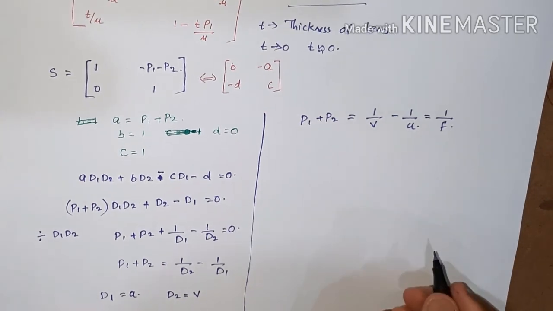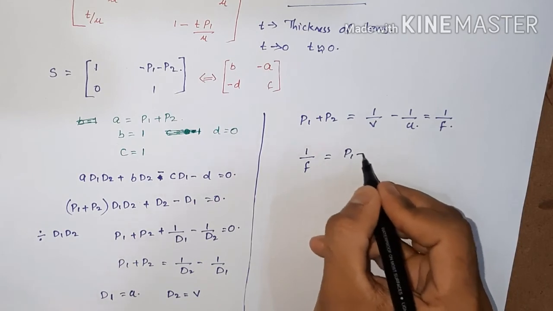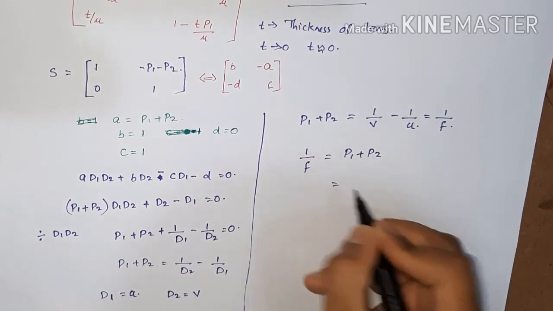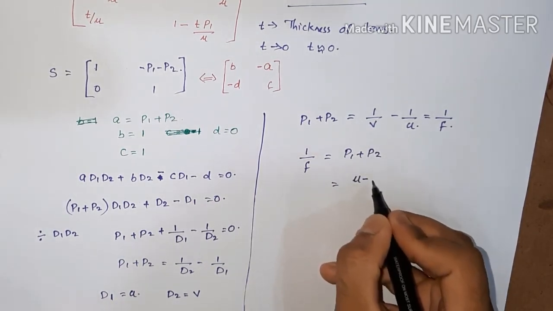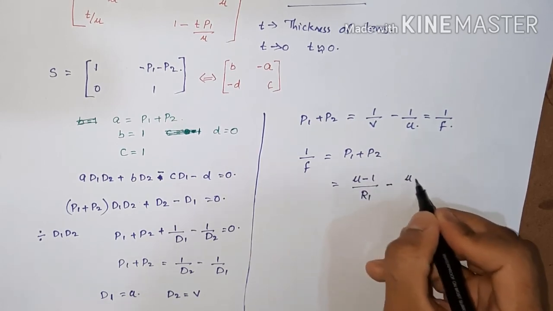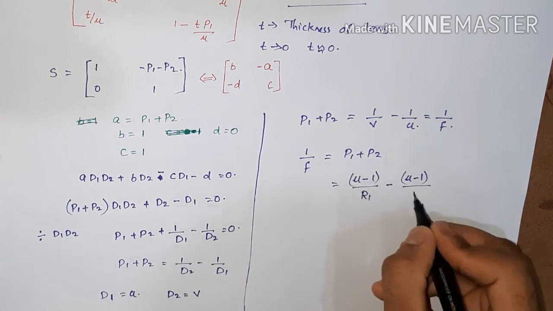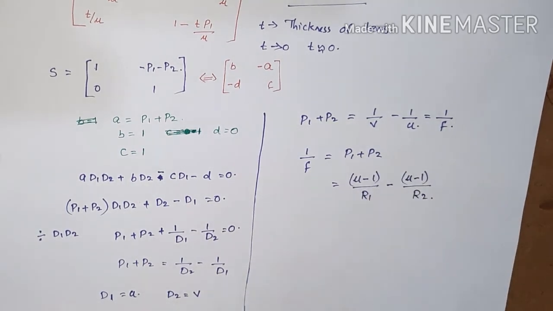Or we can write 1 by f will be equal to p1 plus p2, which is equal to mu minus 1 divided by r1 minus mu minus 1 divided by r2, because p2 is minus of mu minus 1 divided by r2.